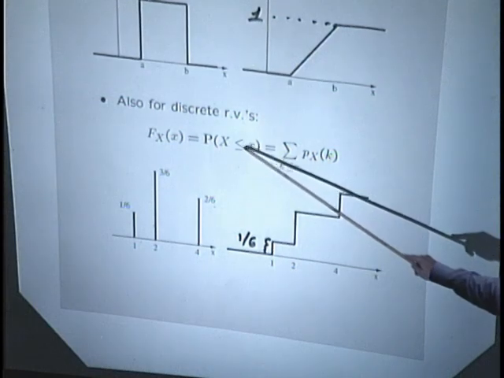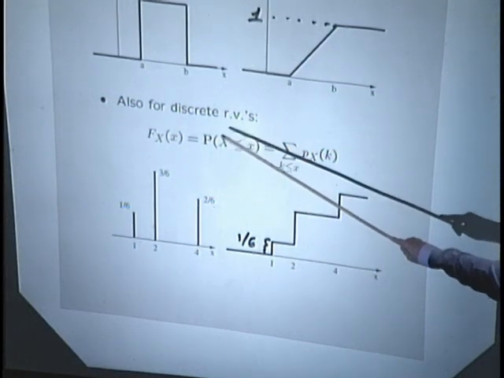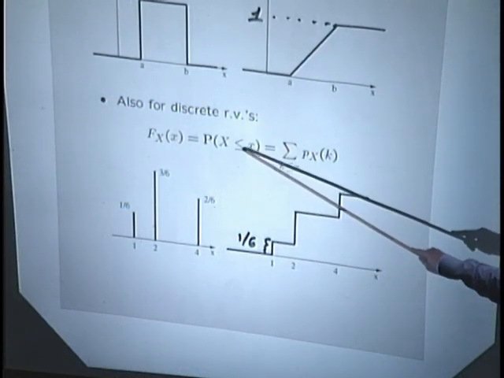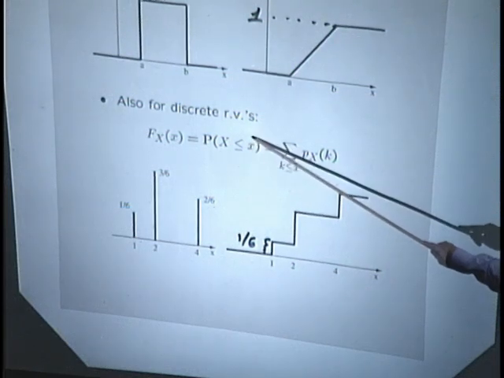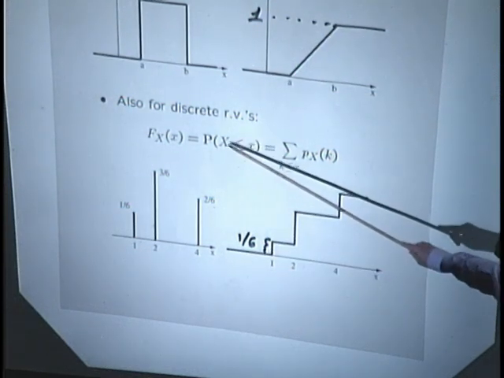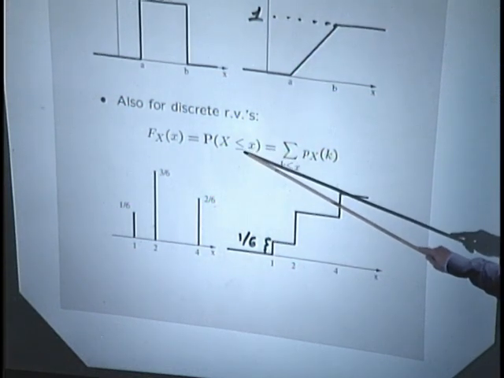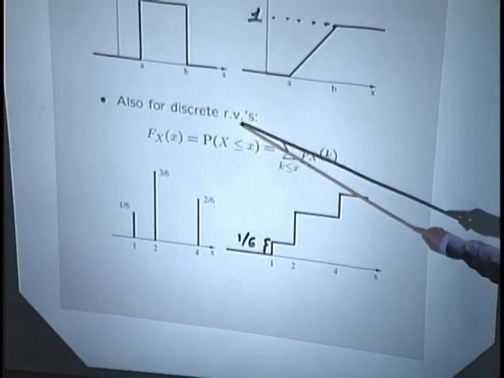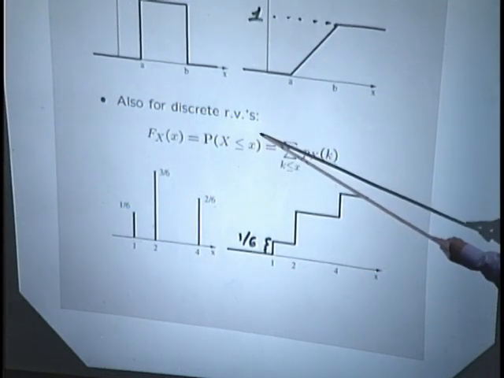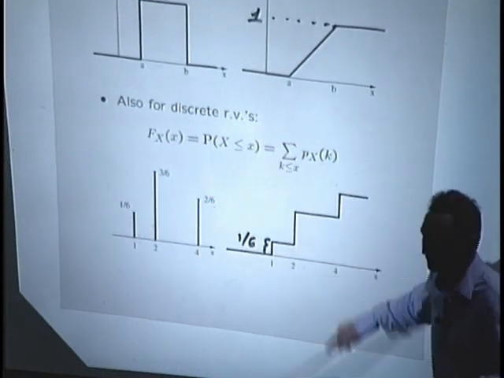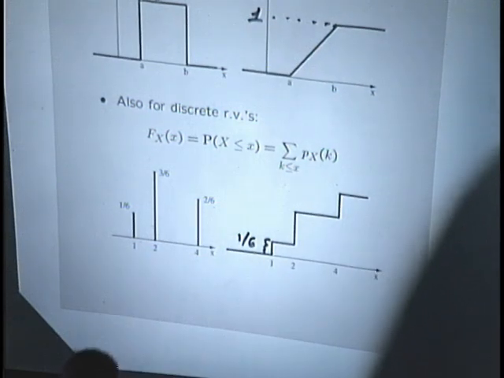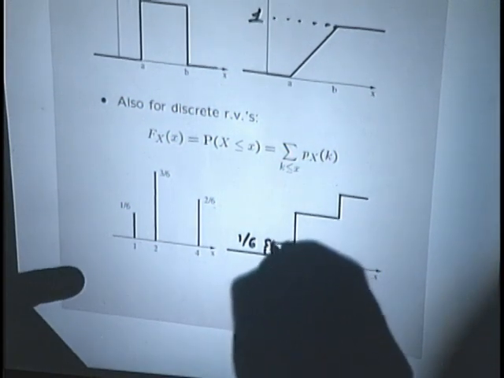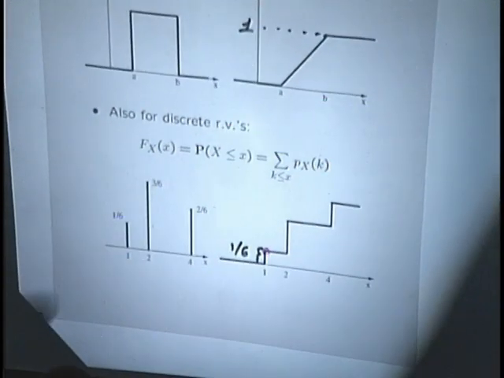It's 1/6 because you need to look carefully at the definition. It's the probability of X being less than or equal to little x. If I take little x to be 1, it's the probability that capital X is less than or equal to 1. So it includes the event that X is equal to 1. So it includes this probability here. So at jump points, the correct value of the CDF is going to be this one.